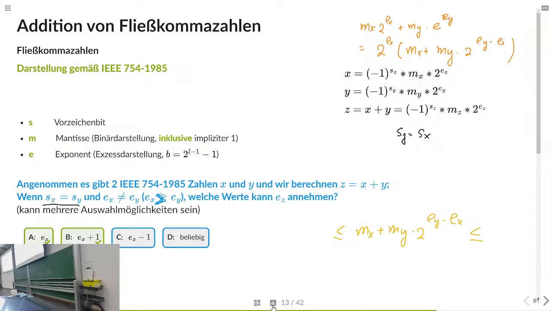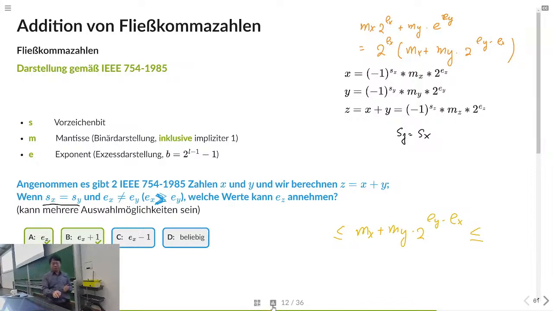Wir können einfach x und y umtauschen, wenn ay größer als ax ist. So will man immer, dass ax größer als ay oder gleich ay ist. Dann haben wir nur die 2 Fälle. So far, so gut?